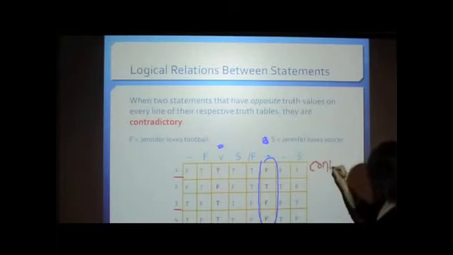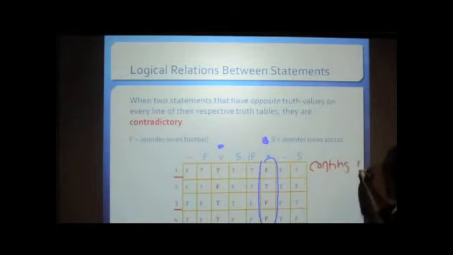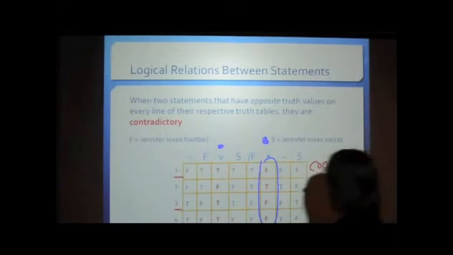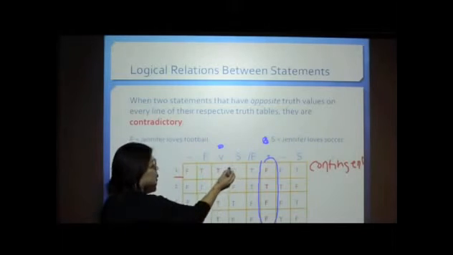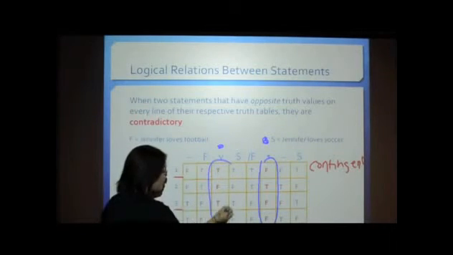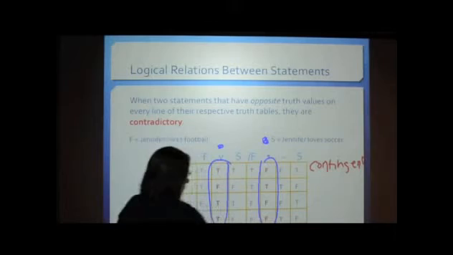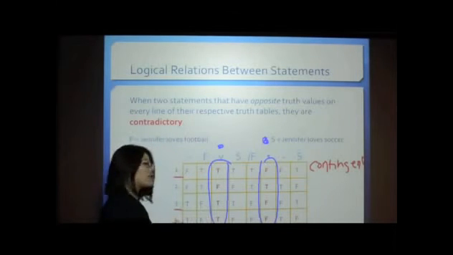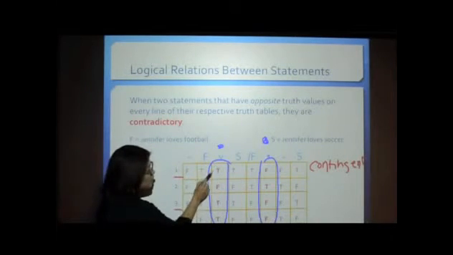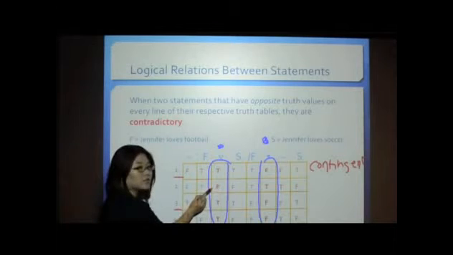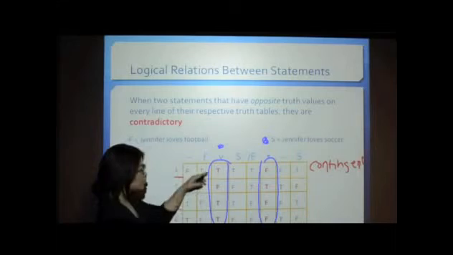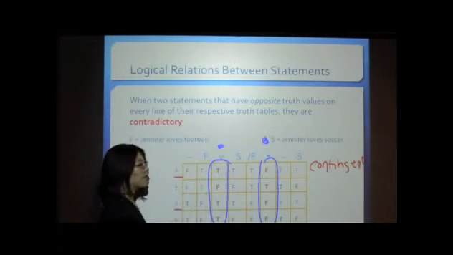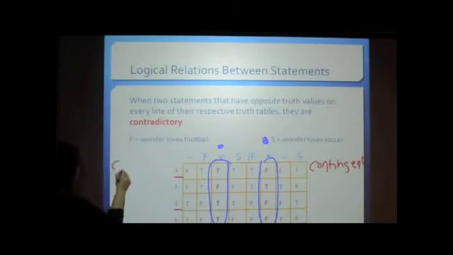And if you look over here at this statement, the truth values under its main operator show that for this statement as well, you can have both true and false. So it's possible for this statement to be true as well as false. So this statement too is contingent.